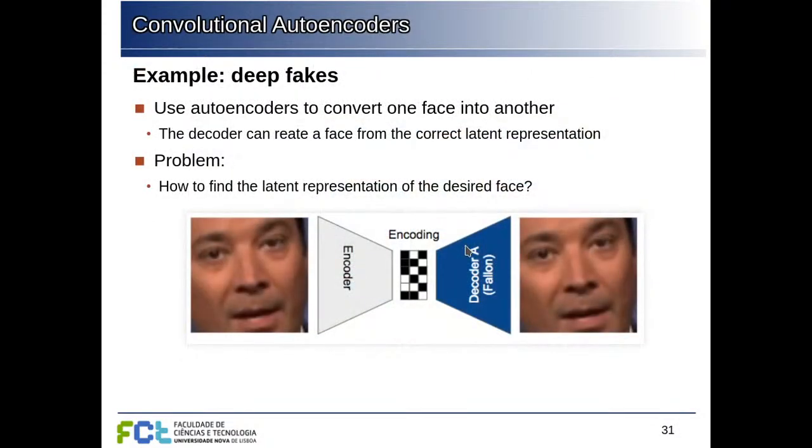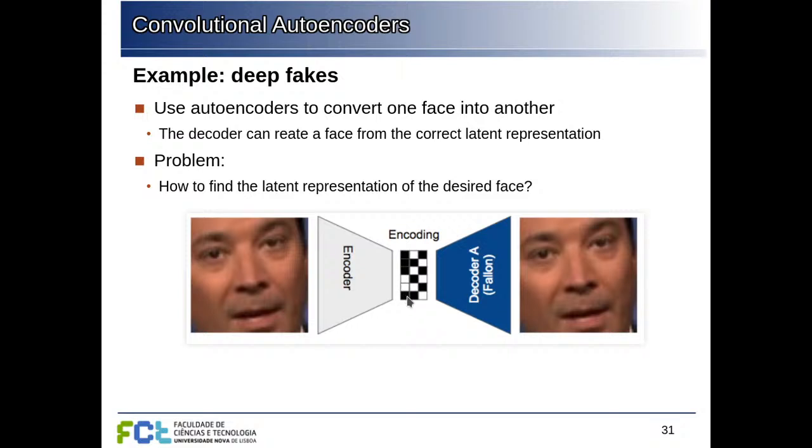Okay, so one possible application of convolutional autoencoders that you can easily find on the internet is to create deepfakes. And this is an interesting application because of the way the autoencoders are used. The idea here is to transform someone's face into someone else's face. So we train an autoencoder that creates a representation of the face, a more compact, a better representation of faces.